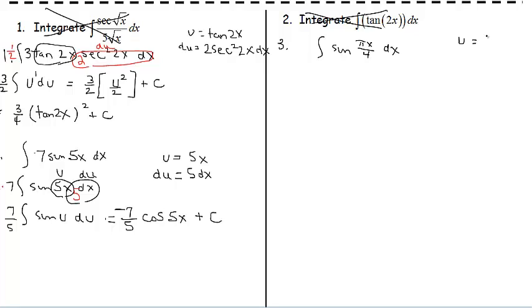So we know what u is. I'm going to go ahead and pull the pi over 4 out front as a multiplier. So the derivative is going to just be pi over 4 dx. I need to bring in pi over 4, which means pull out 4 over pi.